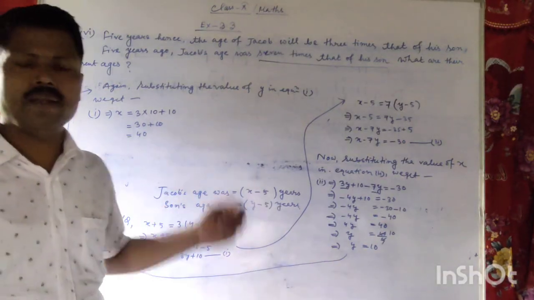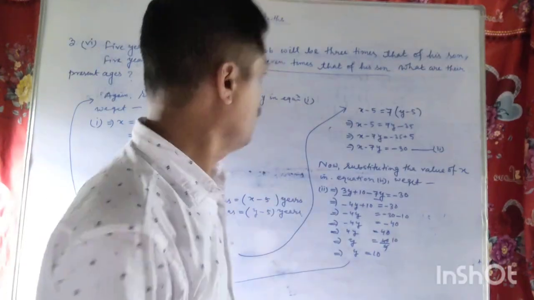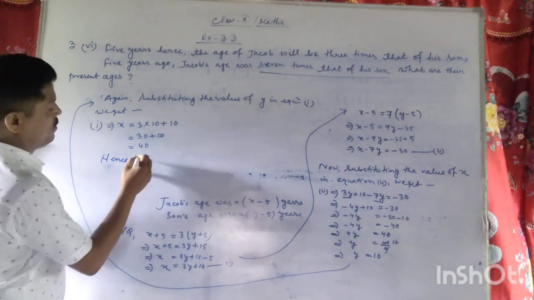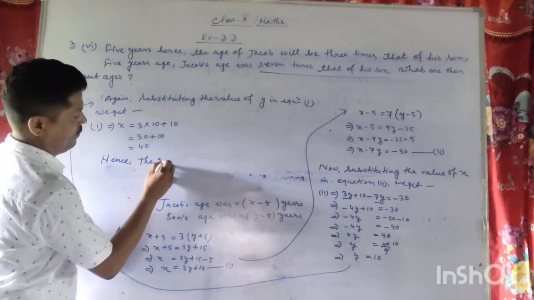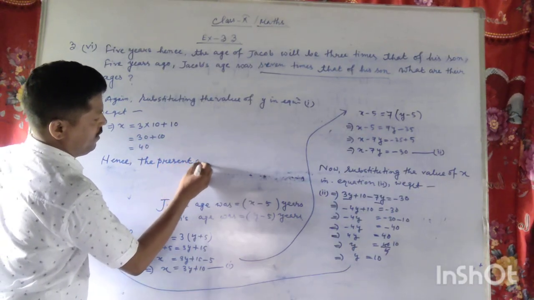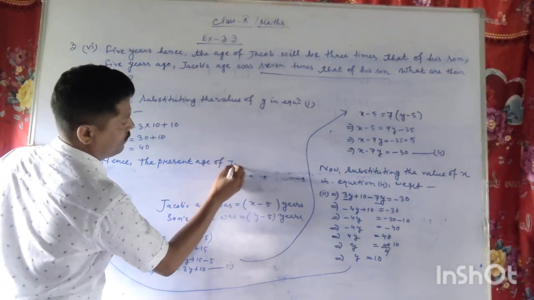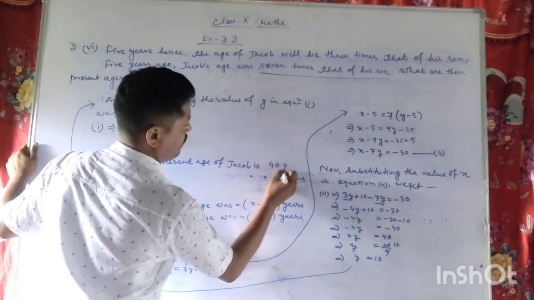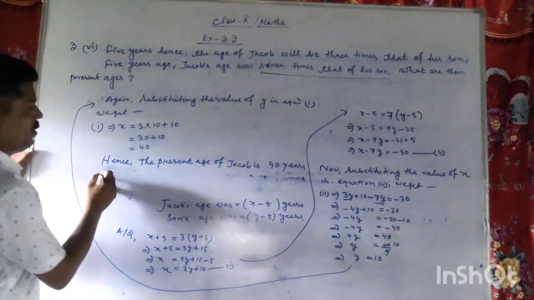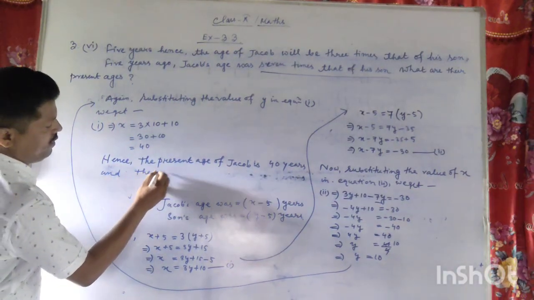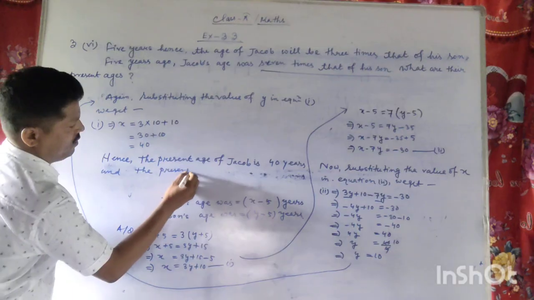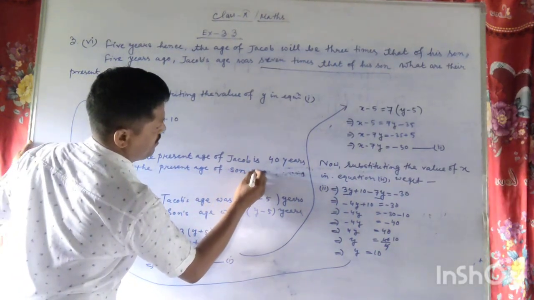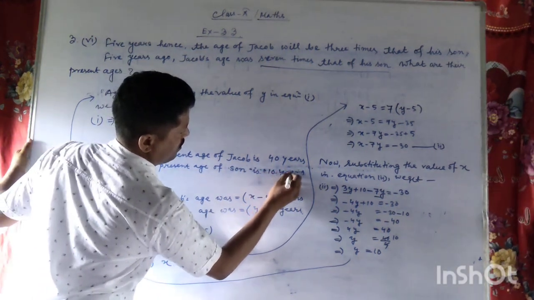So we can write finally, hence the present age of Jacob is 40 years, and the present age of son is 10 years.